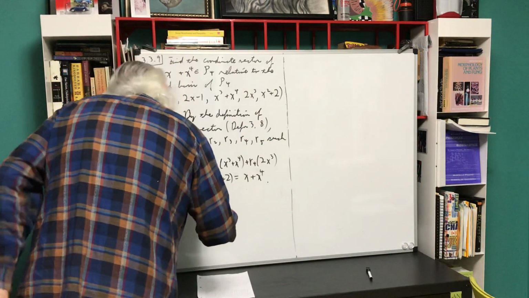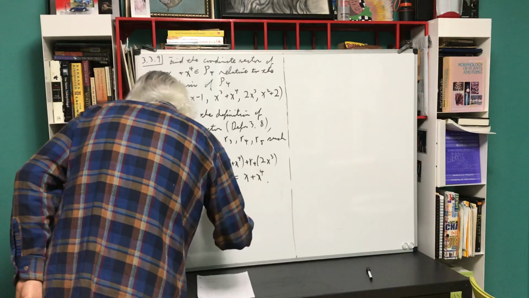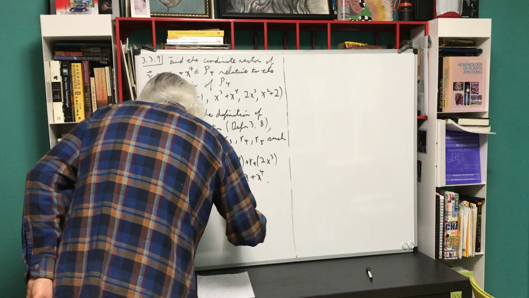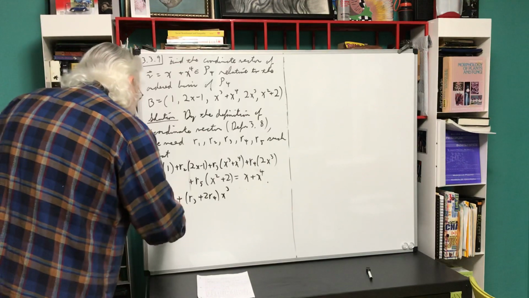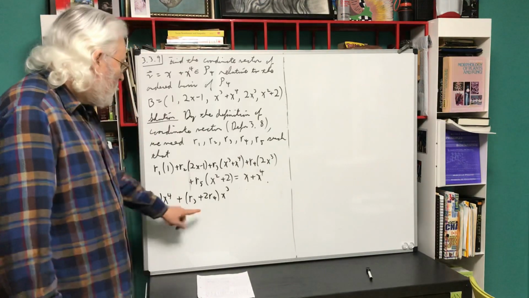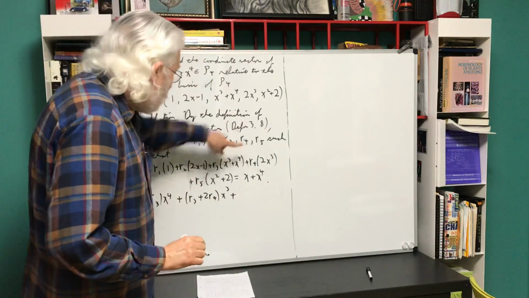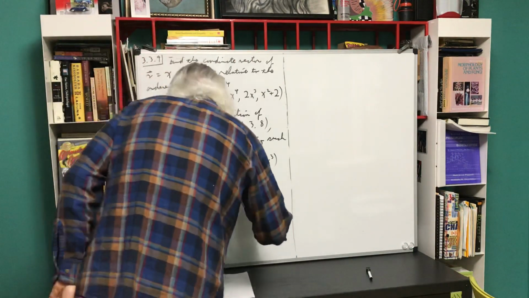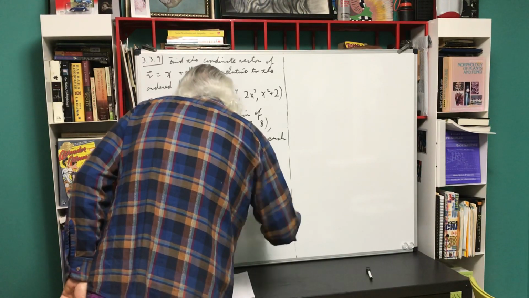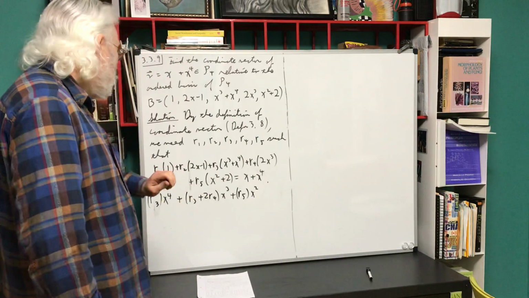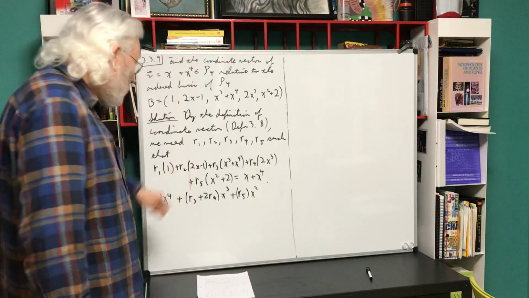So in terms of x cubes, we've got R3 x cubed plus 2R4 x cubed. How many x squares? Only one, from the last expression: R5 times x squared. X terms: only one x term, that one.